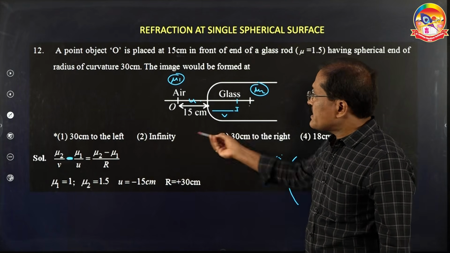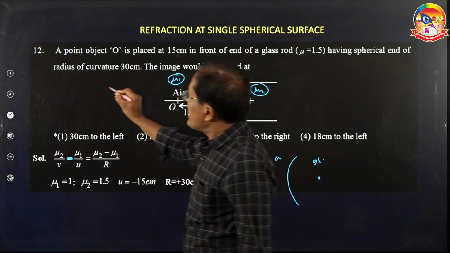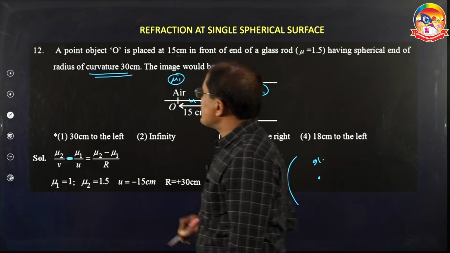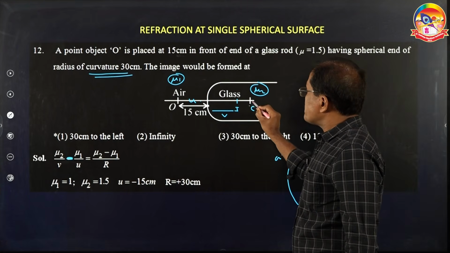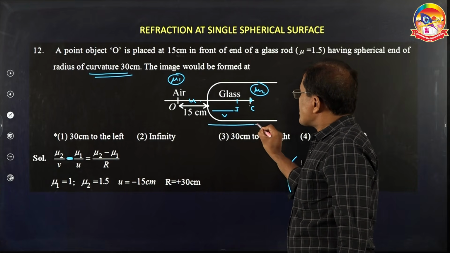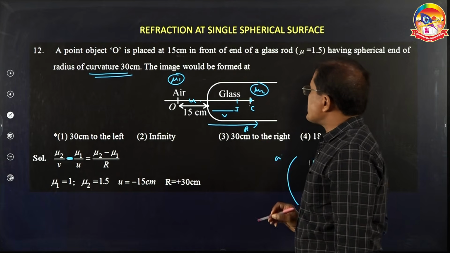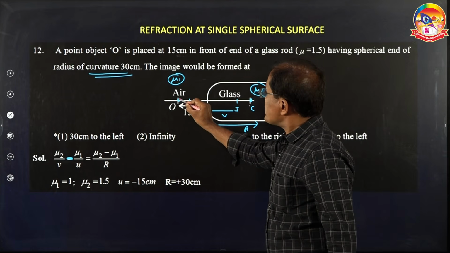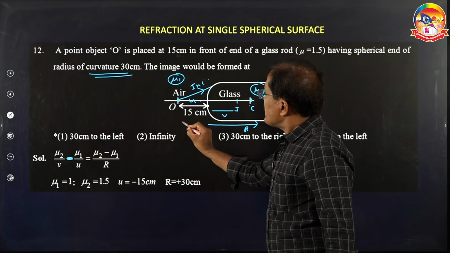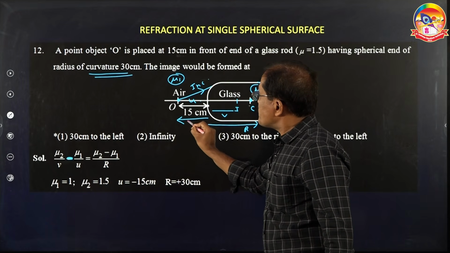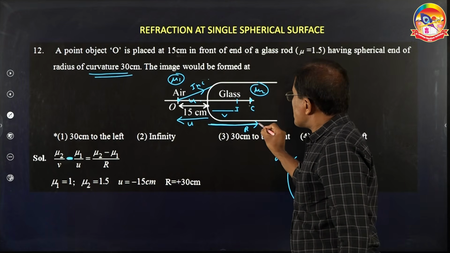Accordingly, you can calculate. In our question it is very clearly given, the radius of curvature is 30 centimeter. Is it plus 30 or minus 30? Because the center of curvature is here, the radius of curvature is positive. The object is here, the rays are striking like this, so the object distance is negative and the radius of curvature is positive.